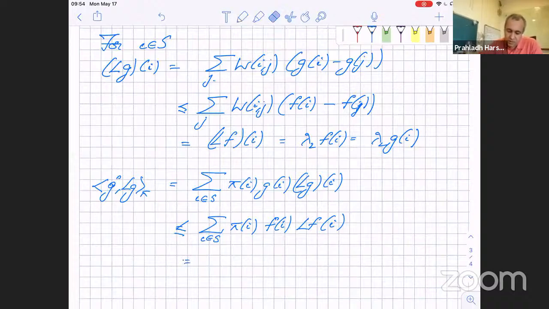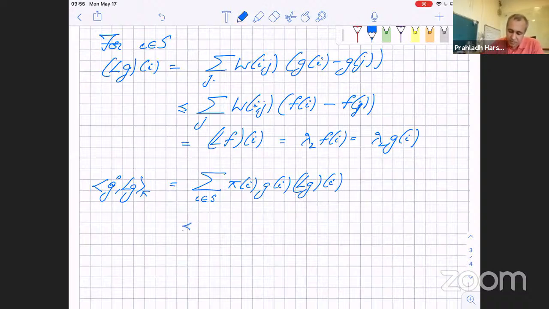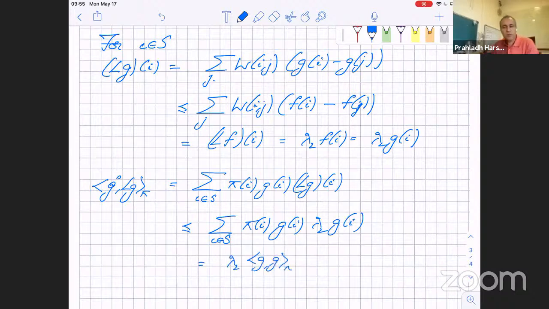Here I could have directly gone. I could have written this as less than or equal to the sum over i in S of pi(i) G(i) lambda 2 G(i), which notice is just lambda 2 times G. And hence we have our statement.